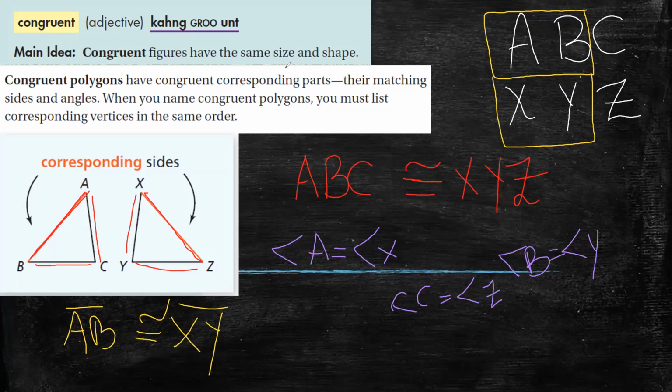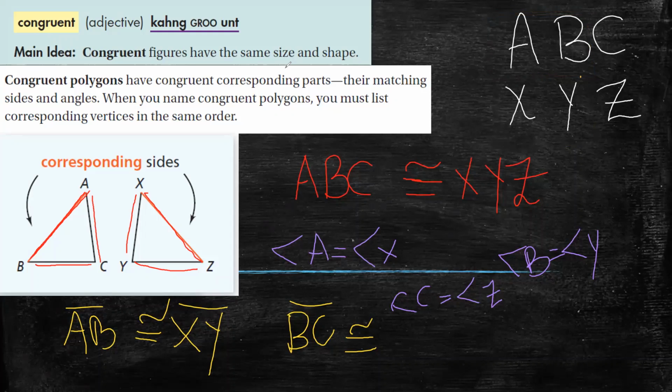If I ask you now, line segment BC, what is the line segment that corresponds to BC? You will follow the same steps. Here is BC, and the two letters under it are YZ. So you will say line segment YZ.